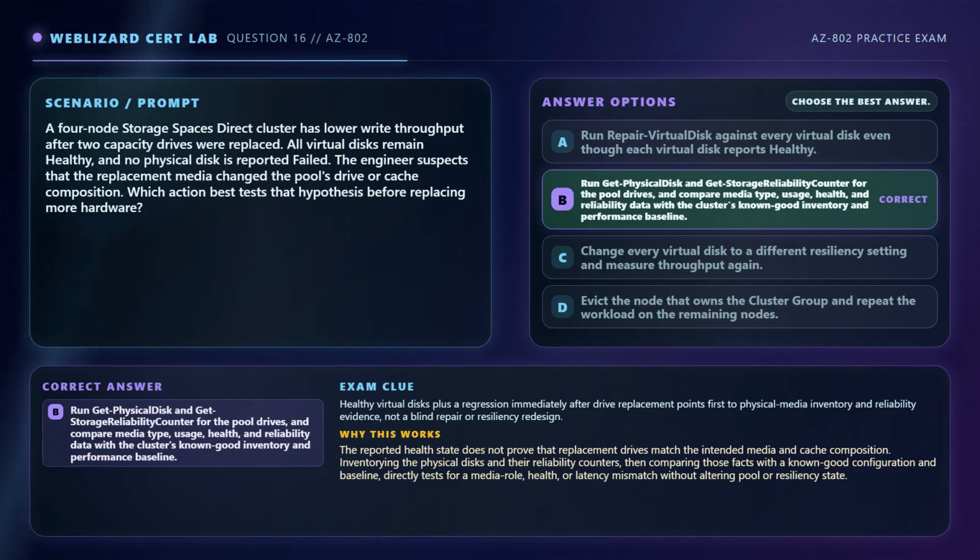Inventorying the physical disks and their reliability counters, then comparing those facts with a known good configuration and baseline directly tests for a media role, health, or latency mismatch without altering pool or resiliency state. Healthy virtual disks plus a regression immediately after drive replacement points first to physical media inventory and reliability evidence, not a blind repair or resiliency redesign.